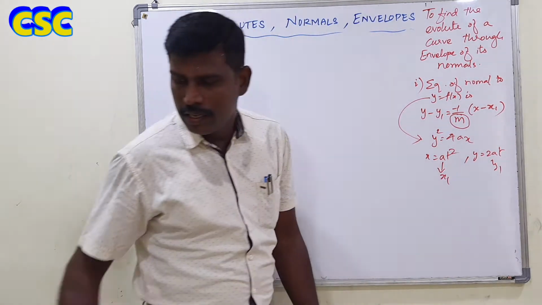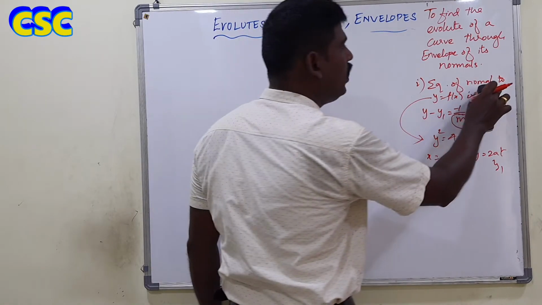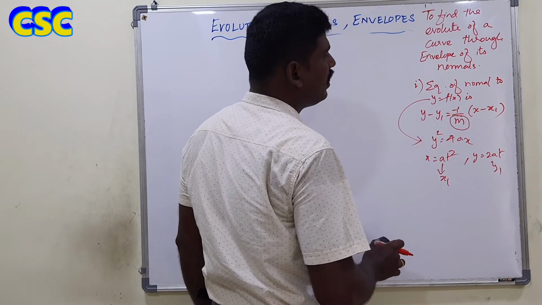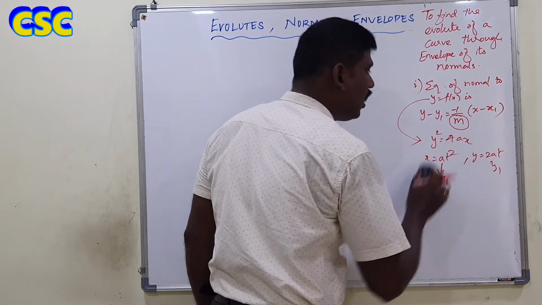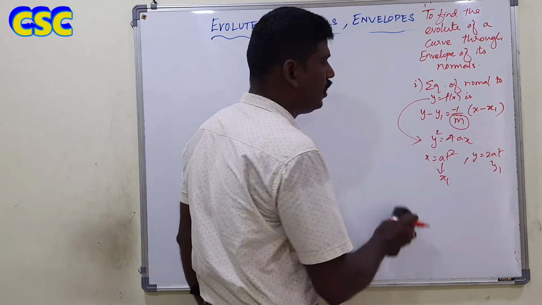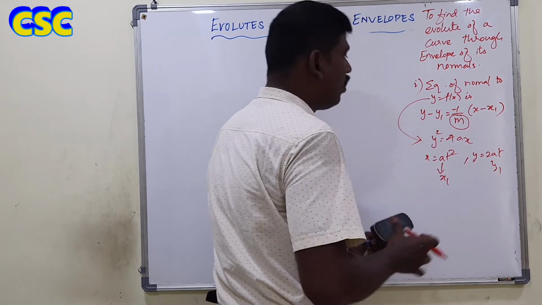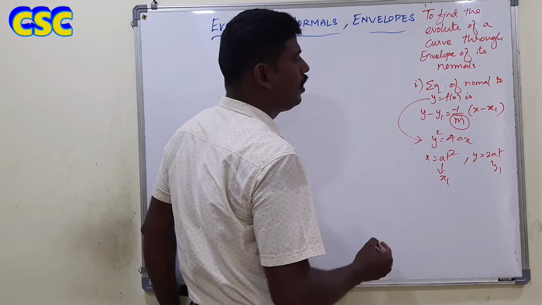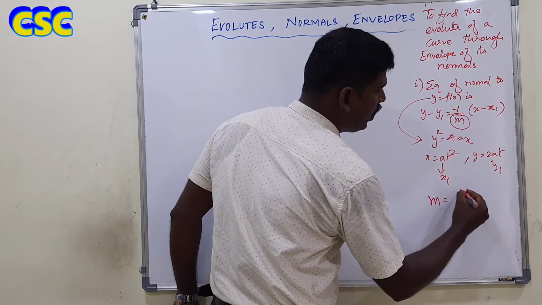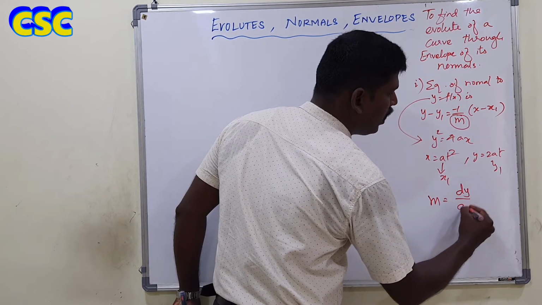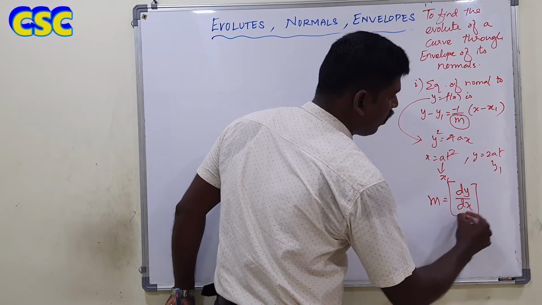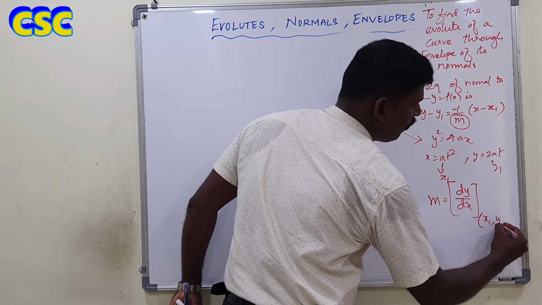What is m? m is nothing but the slope of the tangent, isn't it? Slope of the curve, especially at the point at square comma 2at. Slope is nothing but dy by dx, the slope of the curve at the point x1 comma y1.